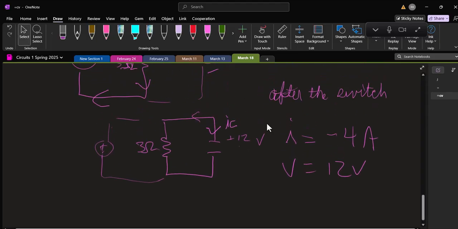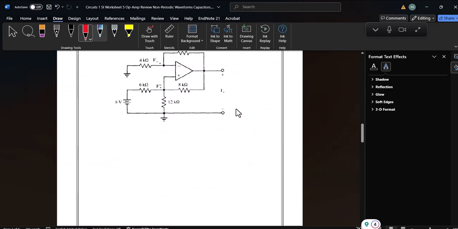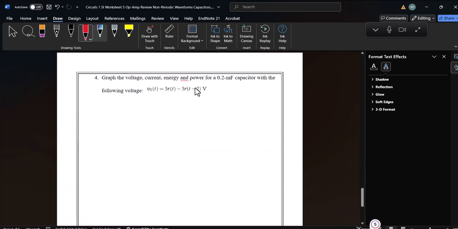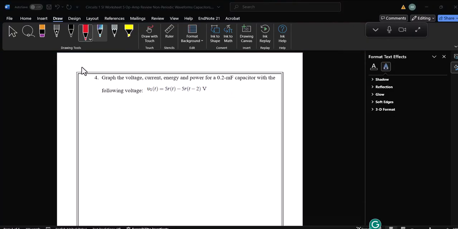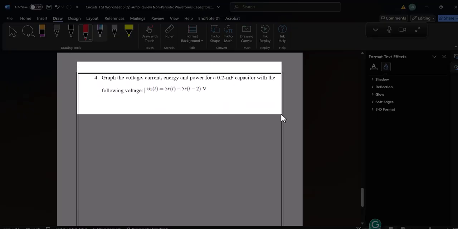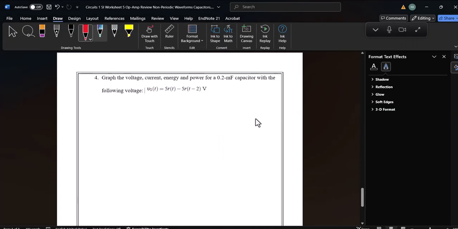And then, let me look at the problem that I have. Graph the voltage, current, energy, and power for a 0.2 microfarad capacitor with the following voltage. Does the amount of farads have to change anything about it?